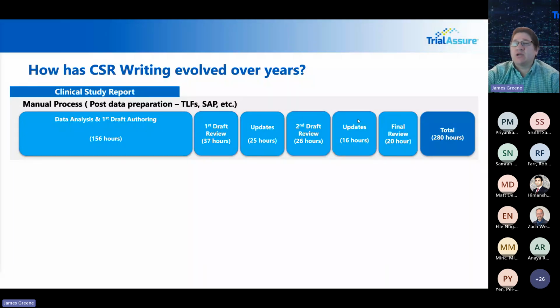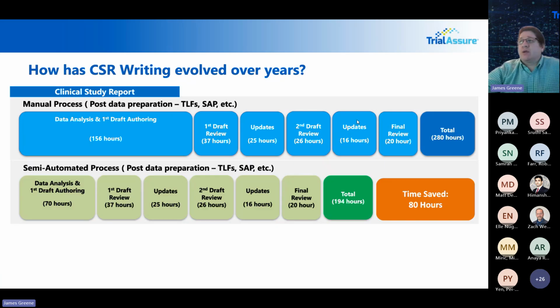And so you're probably wondering, what does that actually mean to me? How does that change my processes today? So we did some rough calculations here around what the manual process used to be at that 280 hours. The semi-automated process was reducing everything down to a total of only 80 hours, saving 200 hours per document process, which is around 30% time saving.